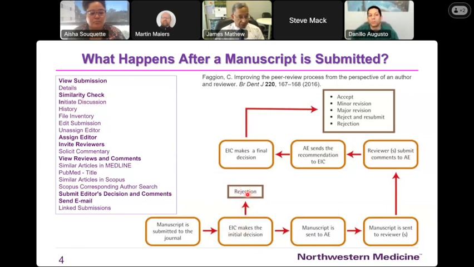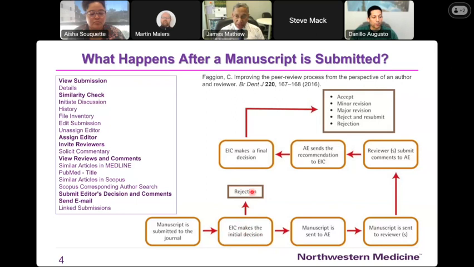Unfortunately, in this era, the majority of the submissions come under this category. So the editor-in-chief has got a lot of work to do.